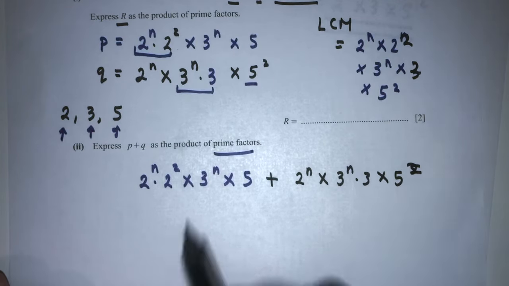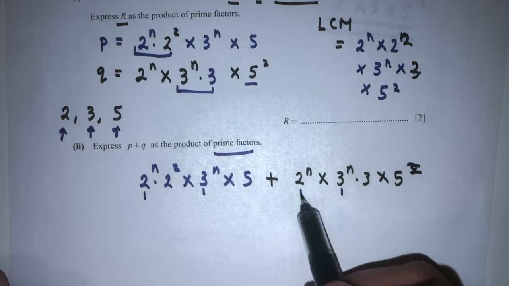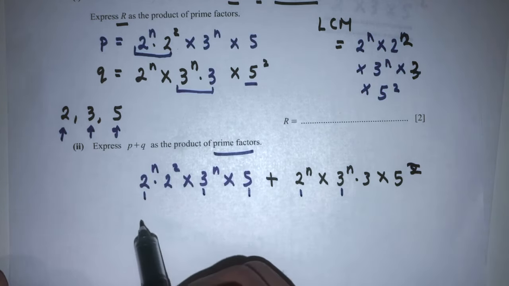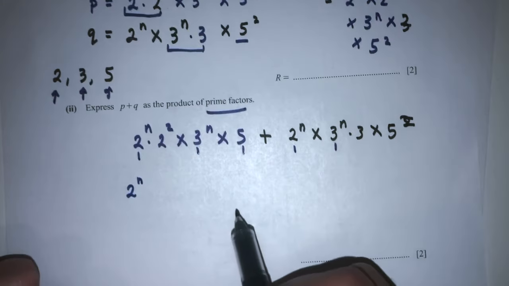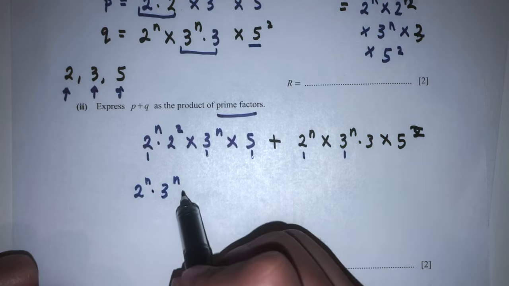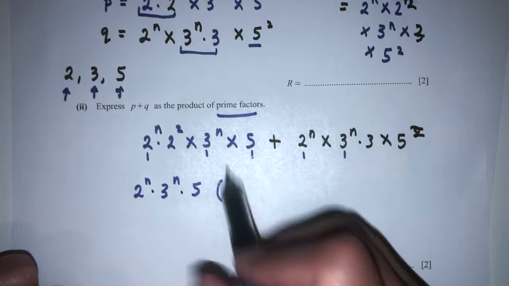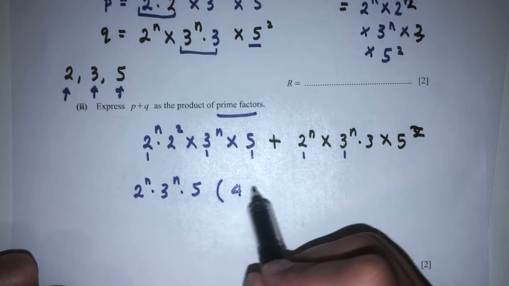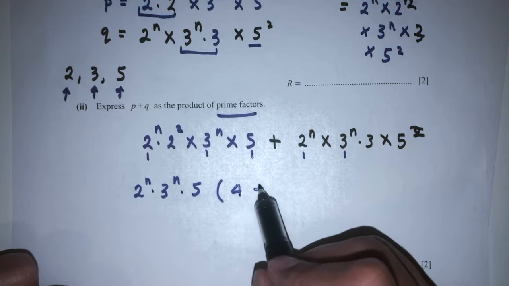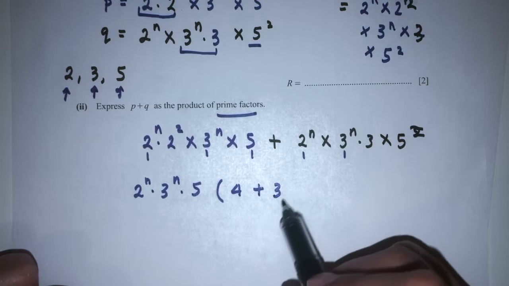Let's see where we have common. So this is common, this is common, and this is common. So we take it out. We have 2 power n times 3 power n times 5, then in brackets we have 2 times 2 is 4, and then here we have plus, and here we have what? 3 remaining.